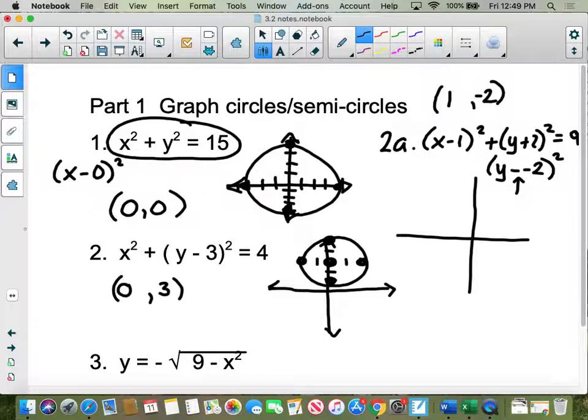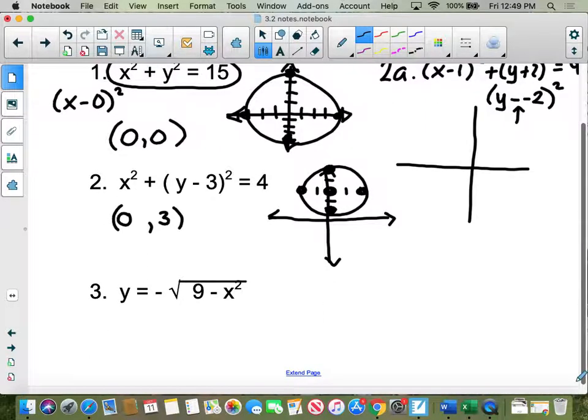So, okay, last one for part 1. You have to notice that this is a semicircle, obviously, right? This is a semicircle, and the y is on the left and the x is underneath. So you know you're making either the top of it or the bottom of it. And since it's negative, you're going to make the bottom of it, right?